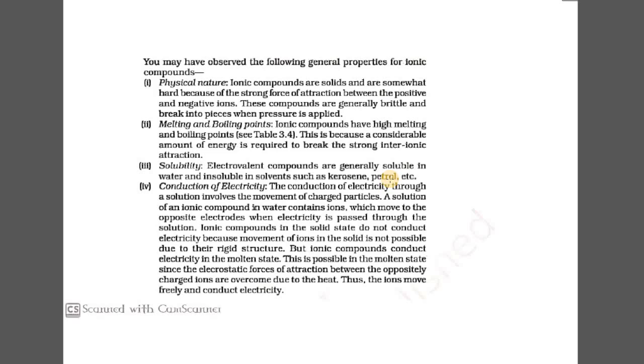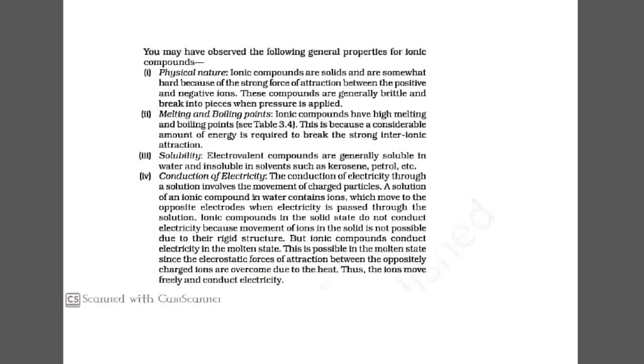They are able to dissociate into their respective ions, and because of that the ions are able to move freely and there is conduction of electricity, which will not be so in the case of a covalent compound. So these are a few of the important properties of ionic compounds.